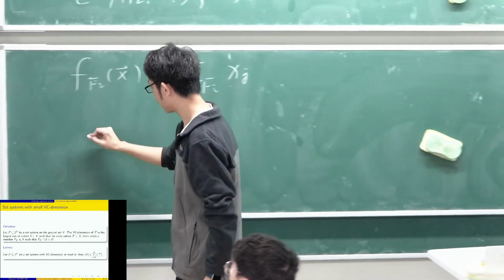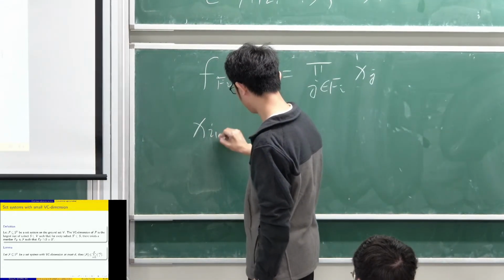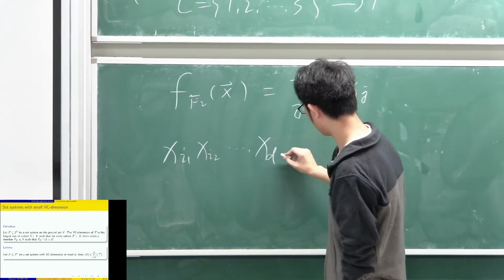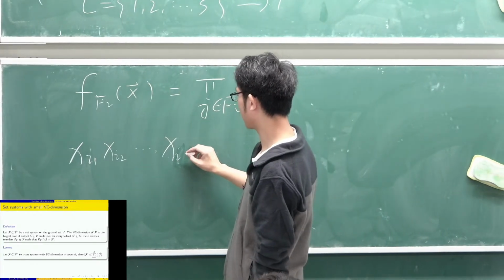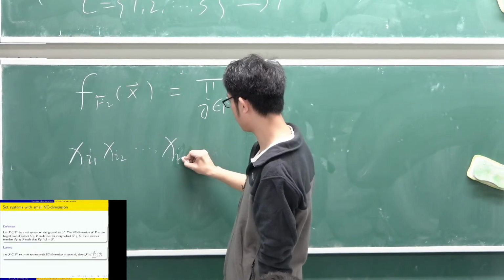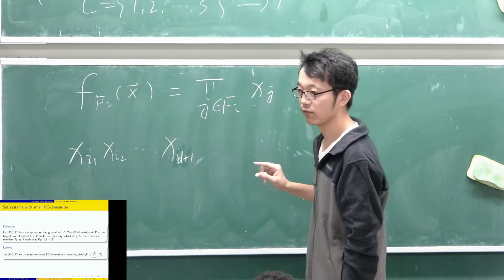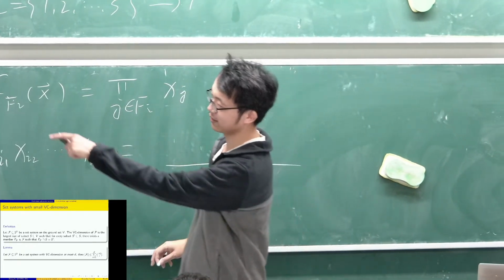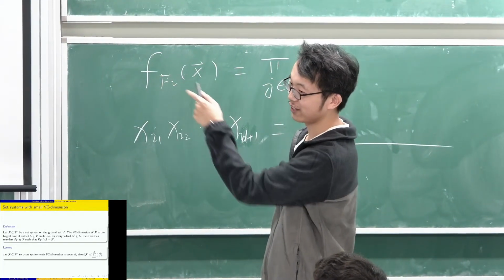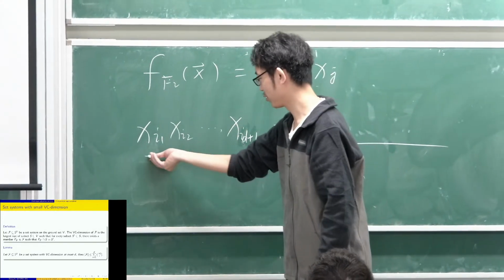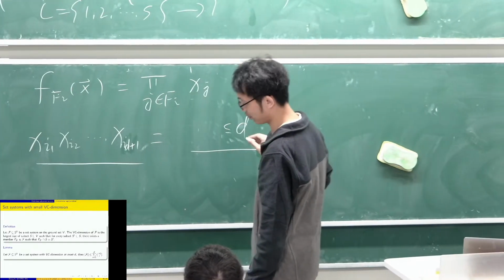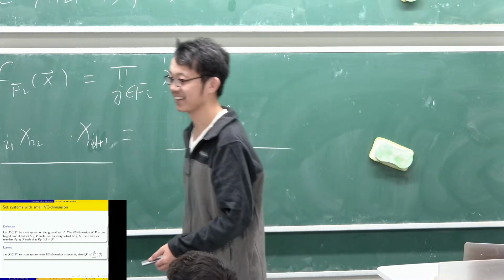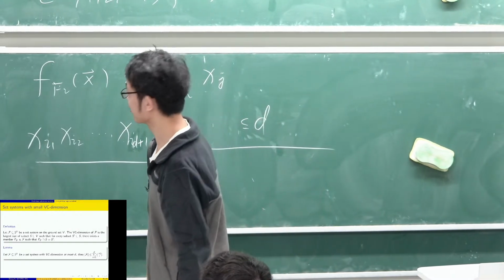For each monomial of degree at least d plus 1, by the condition of VC dimension, you can represent such a monomial as a polynomial of degree at most d. Then you are done. So here d is the VC dimension? Yeah, d is the VC dimension.